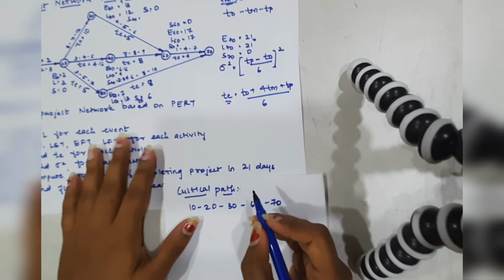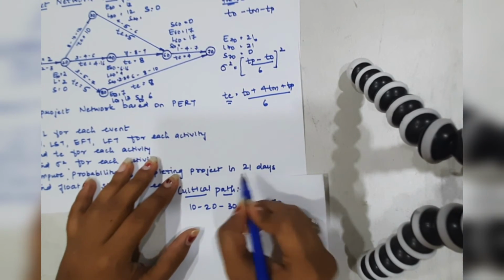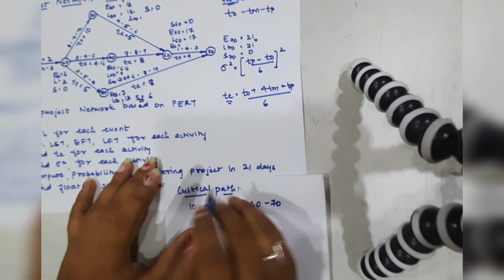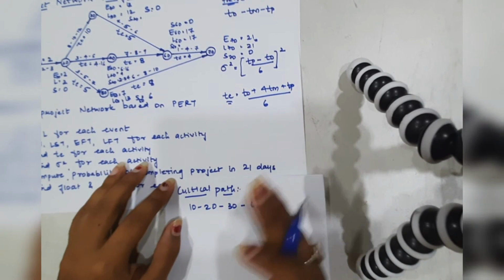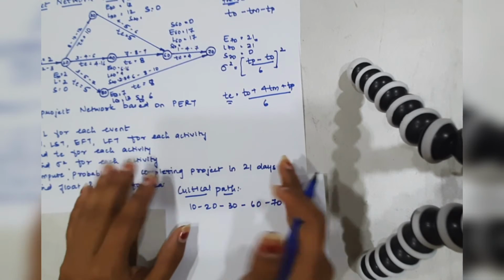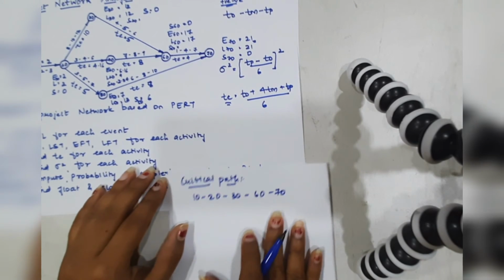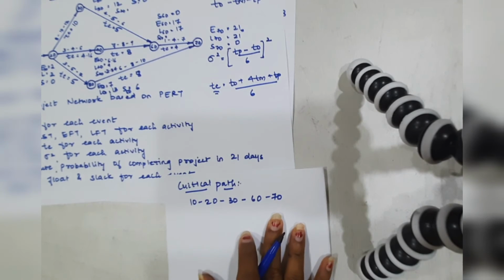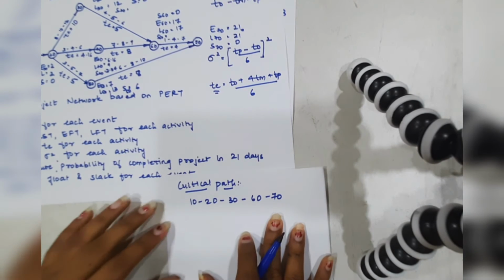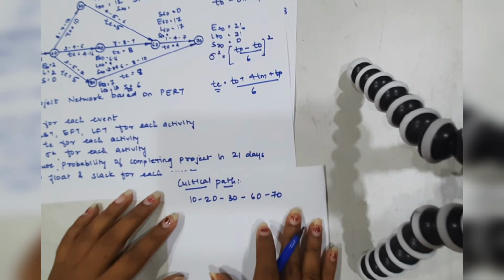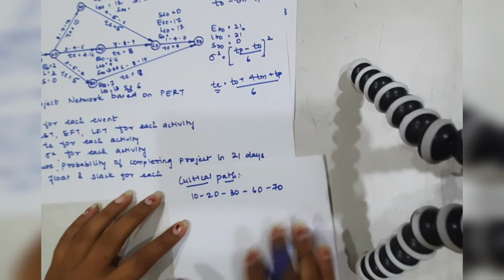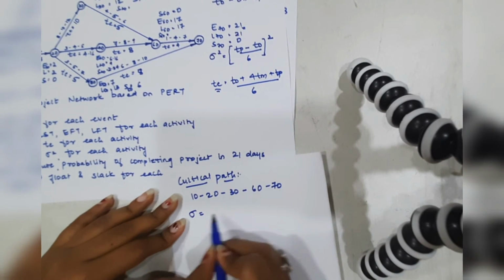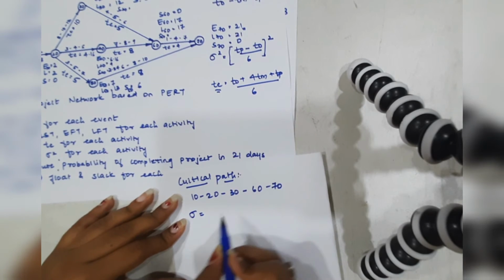But sometimes in various cases this number could be less than 21 or greater than 21, and in that case we need to know the probability of completion of the project. In this case, the target value is 21 and the actual duration is 21, both are the same.